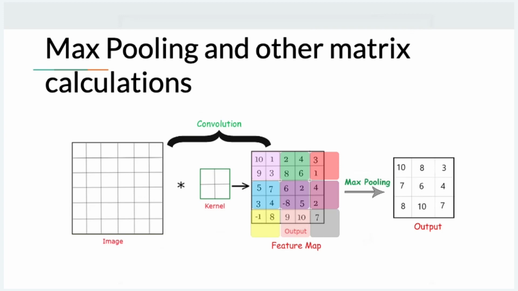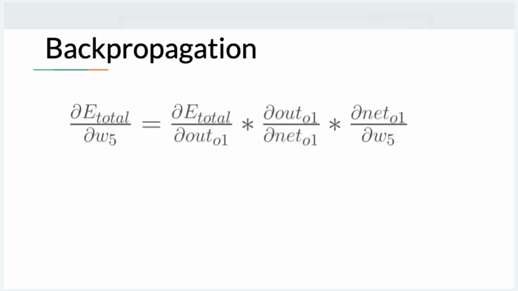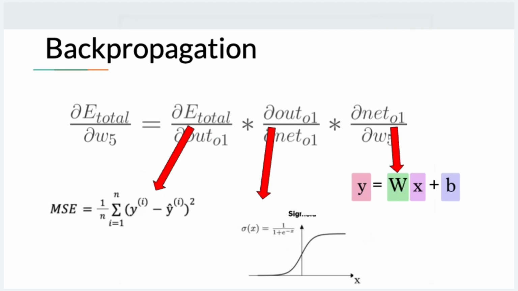Because ultimately, if you are trying to calculate the output, and if you are using the sigmoid function, and if you are using this particular line calculation for calculating your output, then instead of a matrix, you need them flattened.